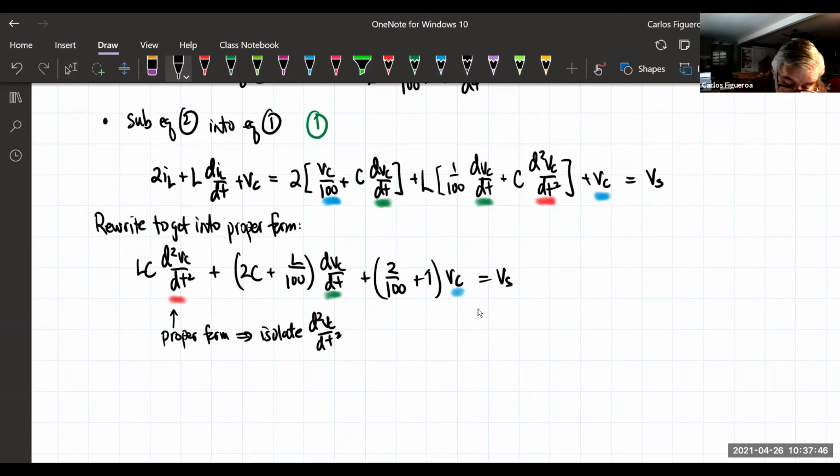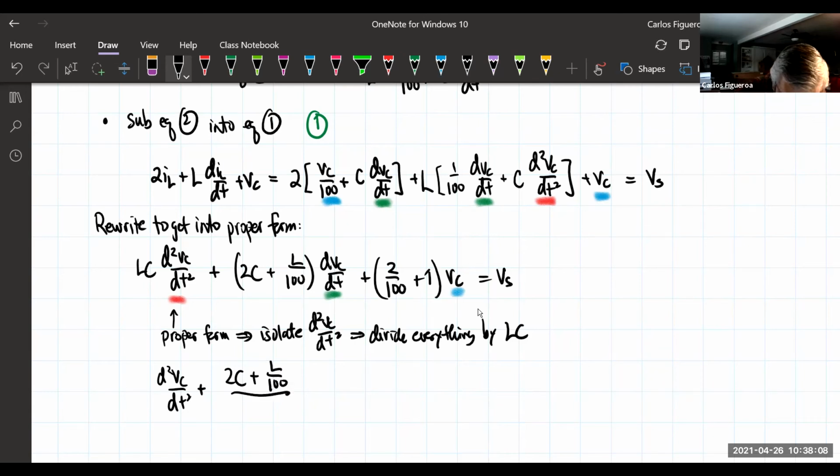So that means I got to divide everything by LC. If I do that, now everything gets divided by LC. So this will be 2C plus L over 100 LC.